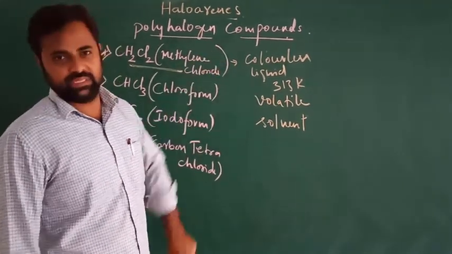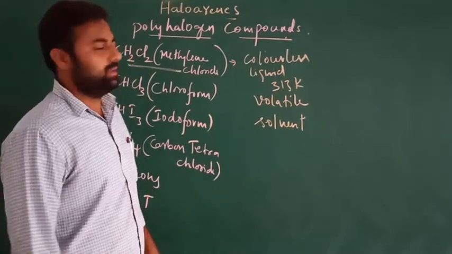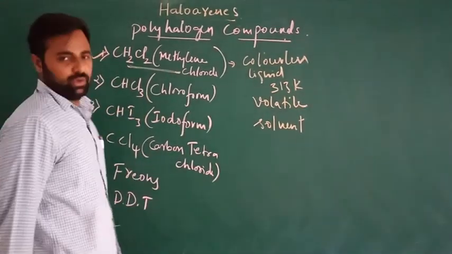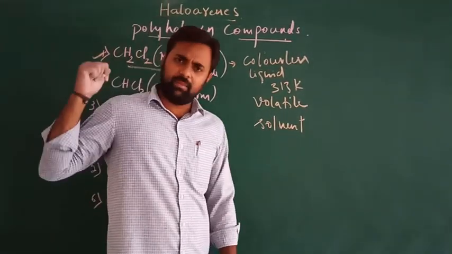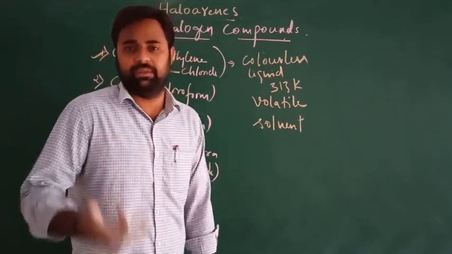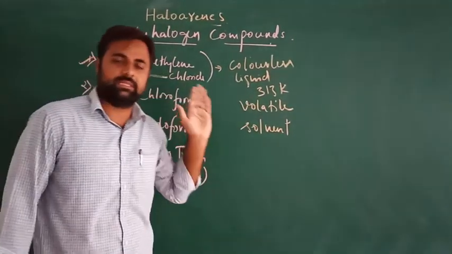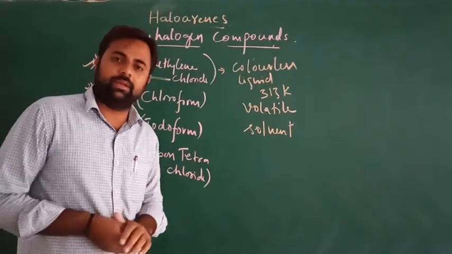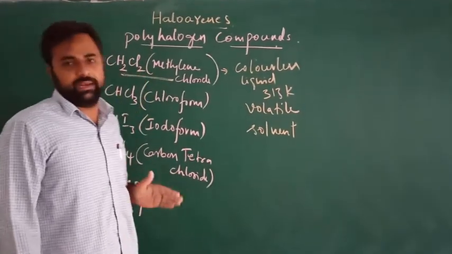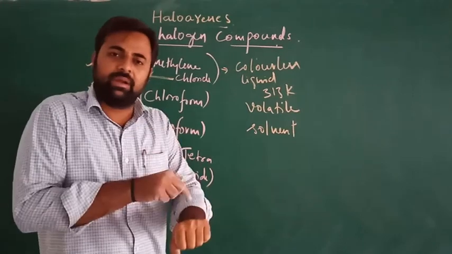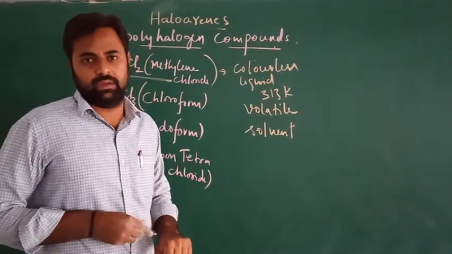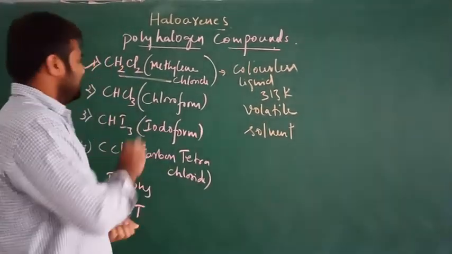So these are all the uses and properties. This is called methylene chloride. And this compound also causes some environmental effect. Direct contact causes burning of skin and redness of skin. That is the environmental effect.